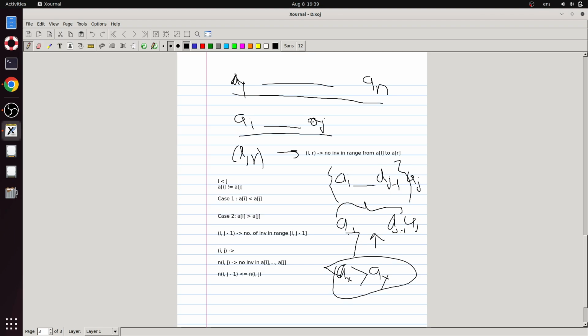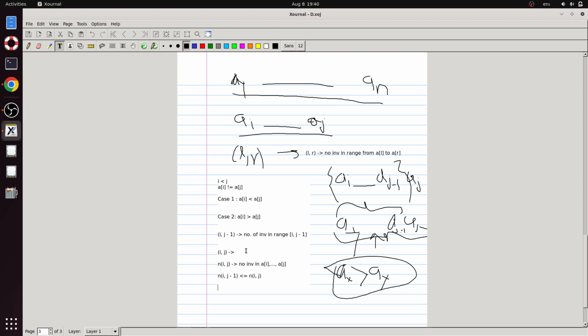But in that case, they will also lie in a of I till a of j, which means that every inversion that is part of I till j minus 1 is also part of I till j, and it may happen that a few extra inversions are added in case of a of j. So the number of inversions in I till j is always greater than or equal to the number of inversions in I till j minus 1.